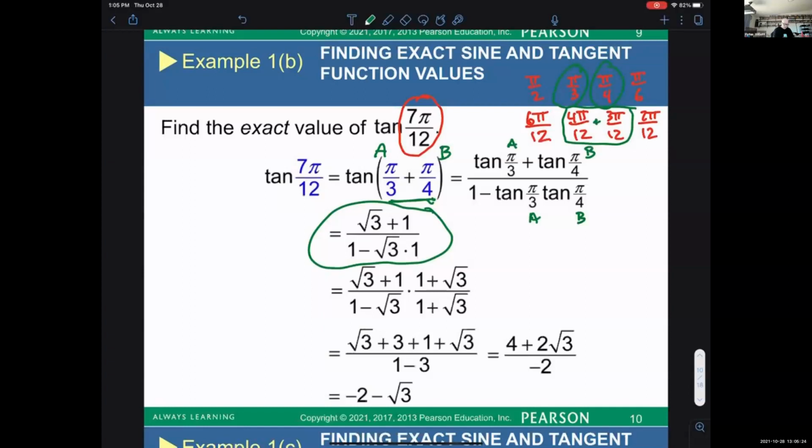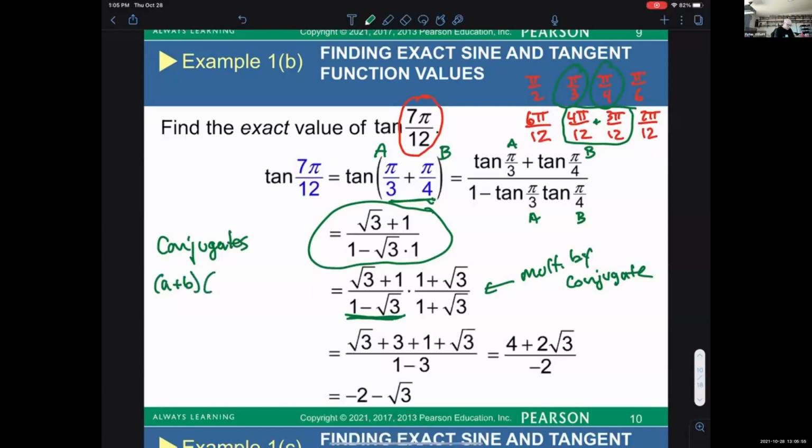And so we want to remember that if you have a radical, like a square root of 3 in this case, in a sum or a difference, and you want to rationalize that, then you have to multiply by what we call the conjugate. And so conjugates are when you have a sum of two things, then the conjugate of that is the difference.